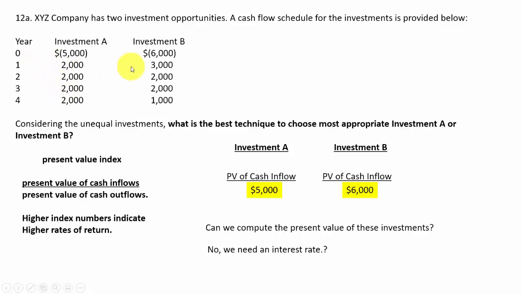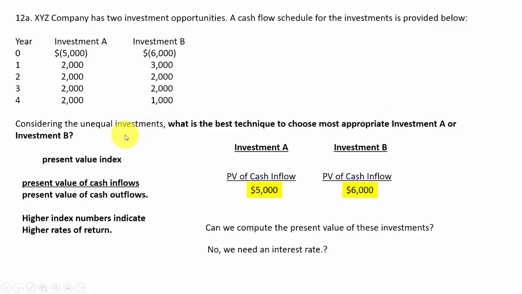Investment B, you invest $6,000 and you get back uneven returns of $3,000, $2,000, $2,000, and $1,000. Now, considering the unequal investments, what is the best technique to choose the most appropriate investment, A or B?